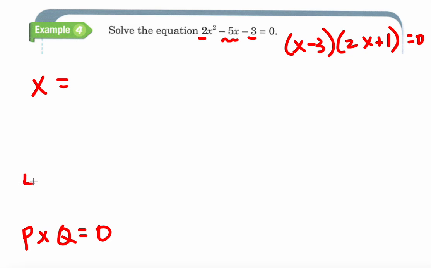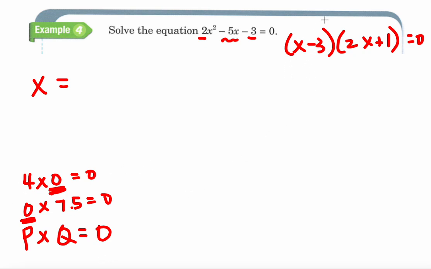For instance, you could have 4 times 0, which equals 0, or 0 times, I don't know, 7.5, and it'll still equal 0. As long as one of those factors is equal to 0, the answer will be 0.